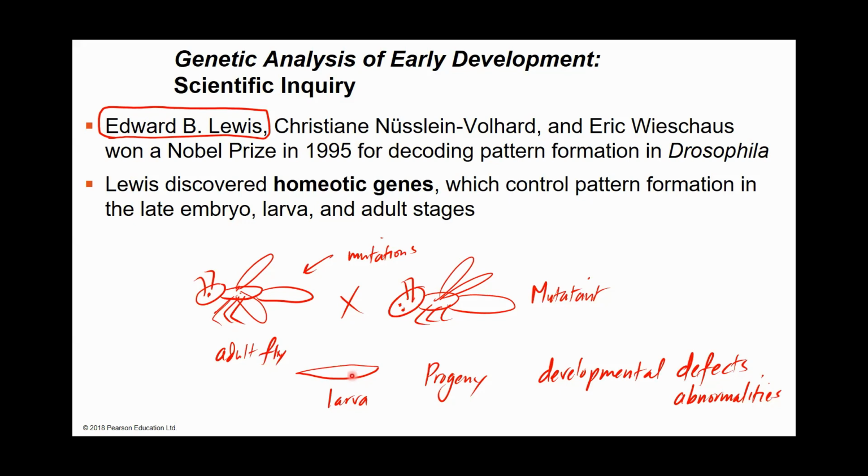Okay. So they might develop into adults, but they will have some defects. So he was looking for mutant phenotypes.